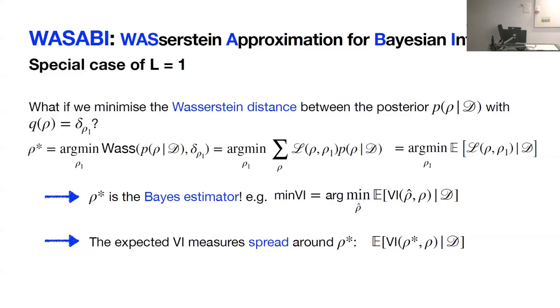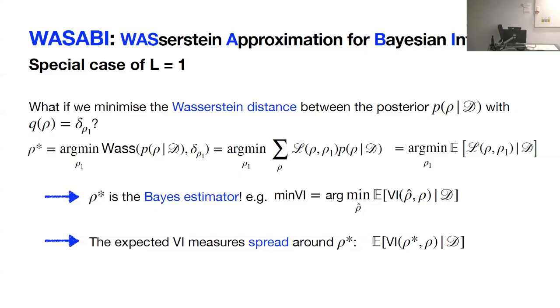Okay, so we came up with a cute name, Wasabi, for the approach. One nice thing about it is if we take L equal to 1, our optimal particle just takes us back to the Bayes estimator, the single point estimate we would have reported under our chosen loss.